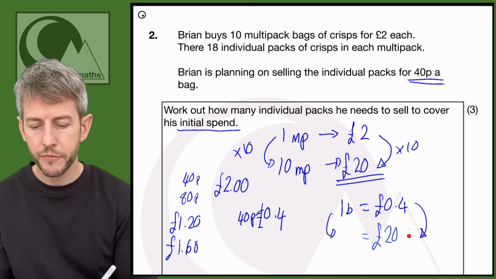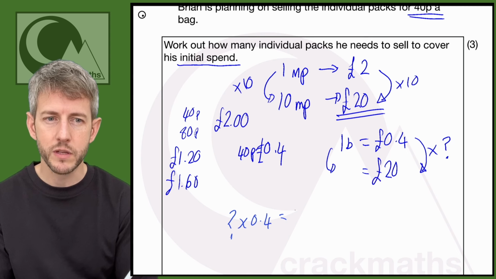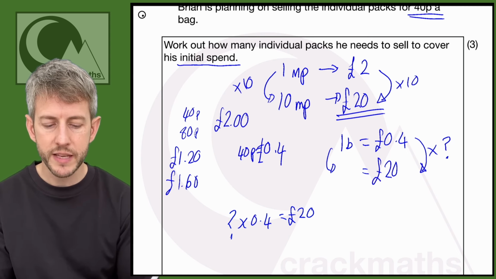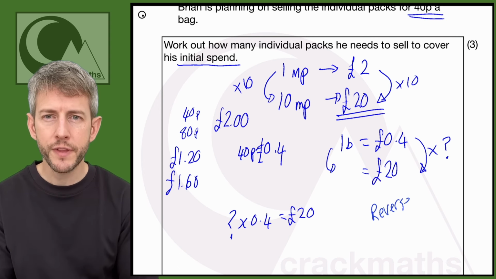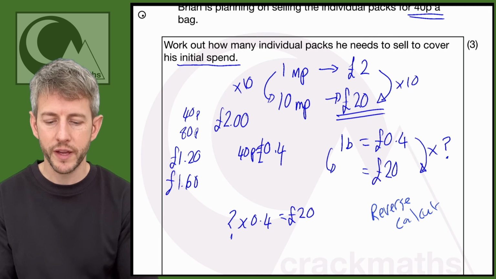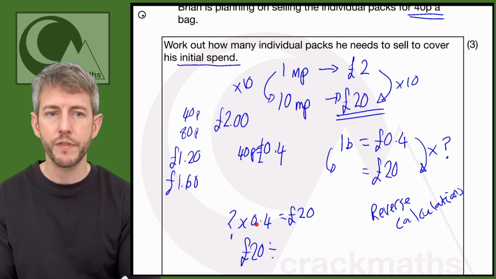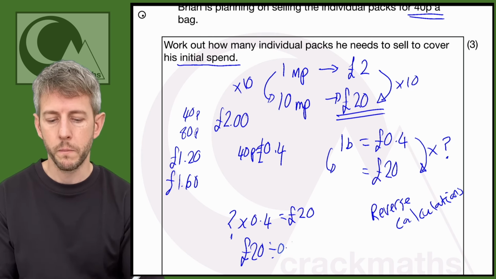So something times 0.4 equals £20. Now, in order to work this out, this is where our reverse calculations come in handy. Remember, if two things multiply together to give one thing, that thing divided by either of these two things, in this case I'm going to pick the 0.4, will equal the other thing.